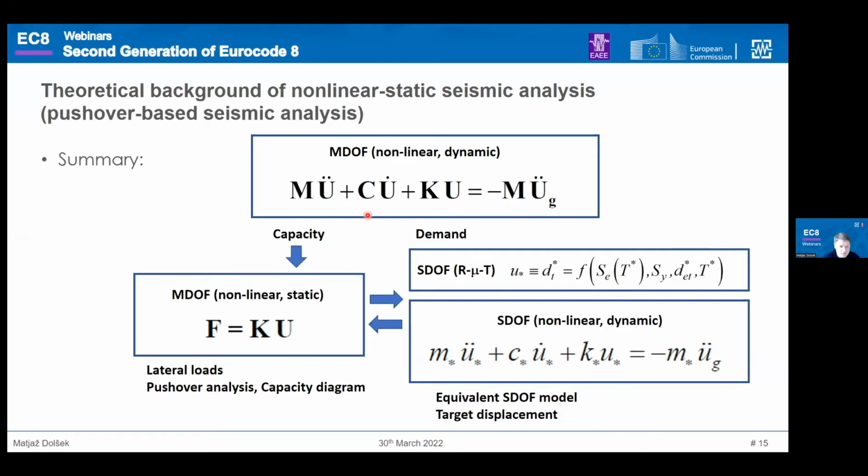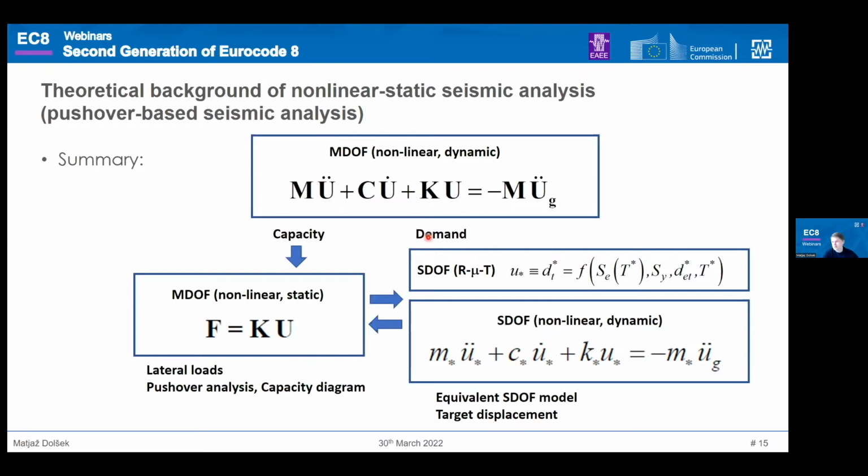The capacity is still based on the multi-degree of freedom model, but we neglect the inertial forces and damping forces, so we use the static system. We have to assume some lateral forces. We perform pushover analysis and get the capacity diagram, which is now termed the pushover curve in the code, the relationship between base shear and top displacement.